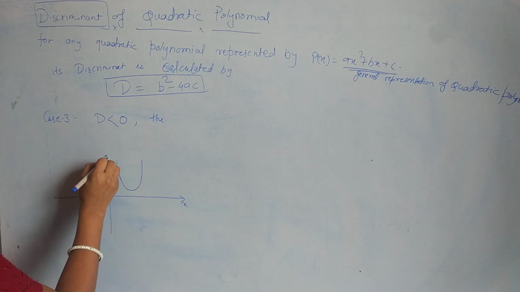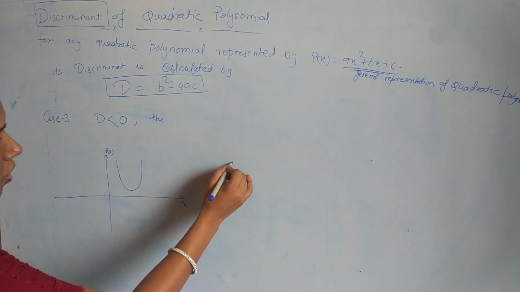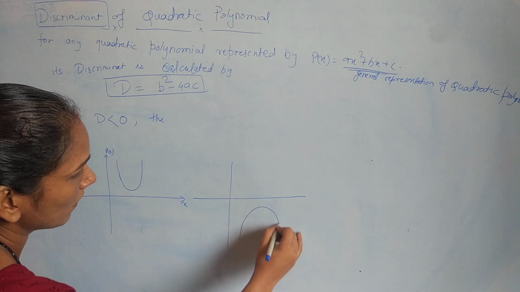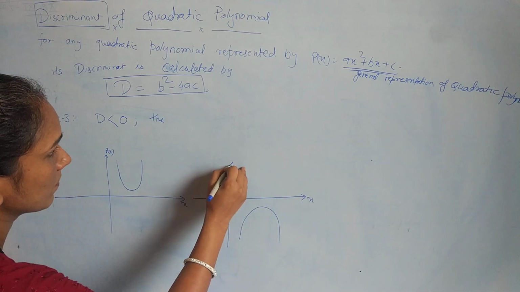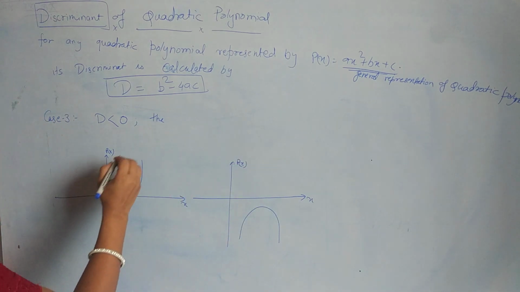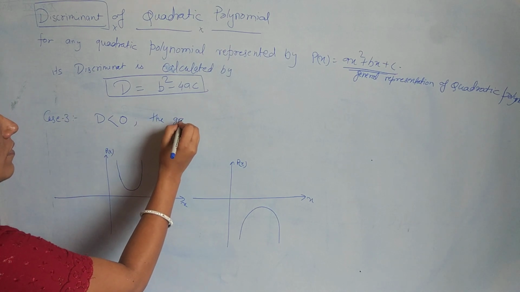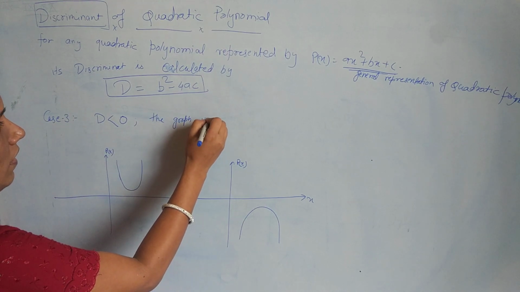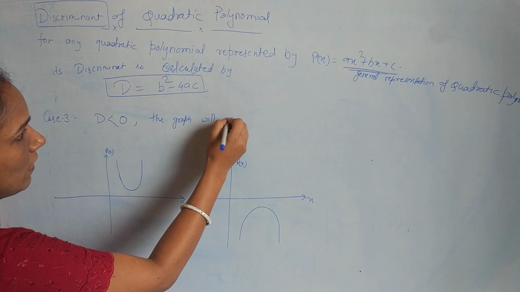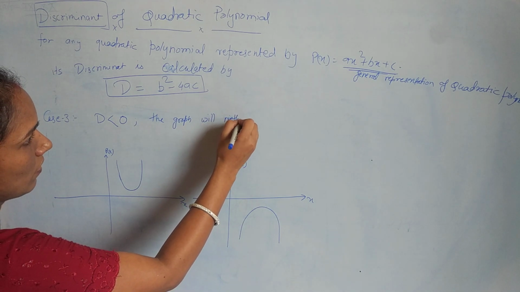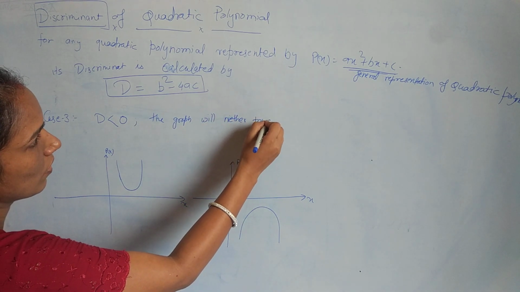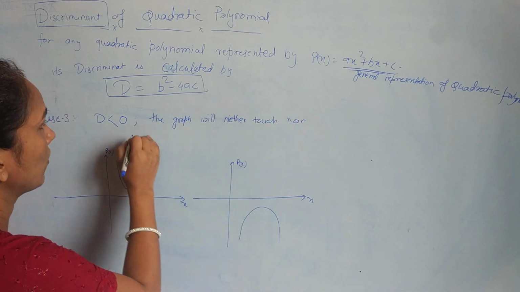This is my x, this is P of x, or the graph will be like this. That means the graph will neither touch nor intersect.